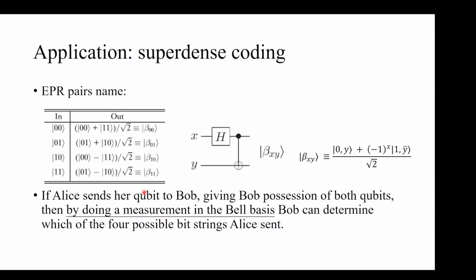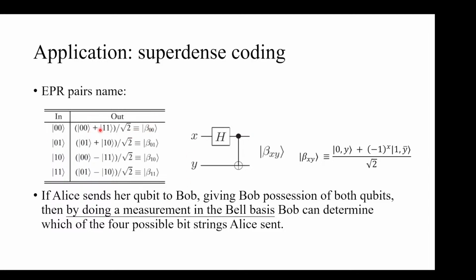Now we know that Bob has one of those 4 possible states, and we know those 4 states are in an orthonormal basis. So Bob can do an orthonormal basis measurement, this measurement in the Bell basis, and then Bob will determine which one of the states Alice has. Here we have a little more information about those 4 Bell states or EPR pairs.